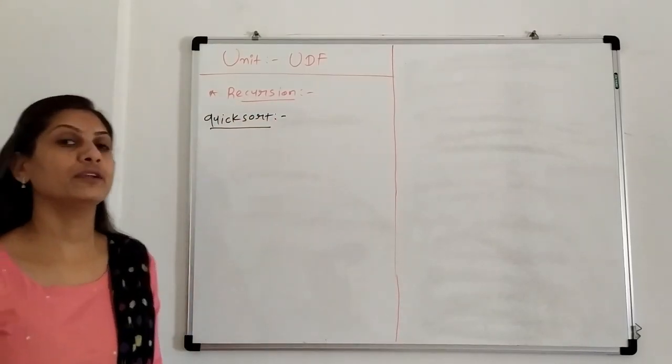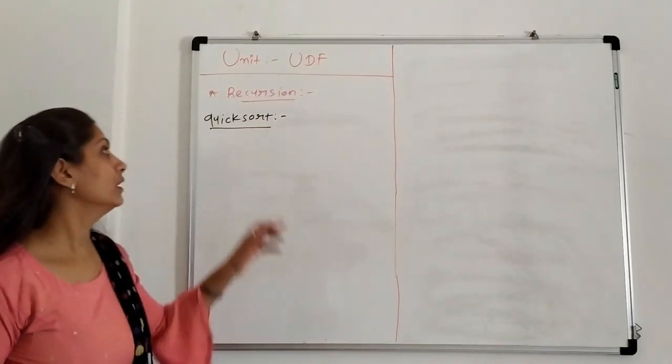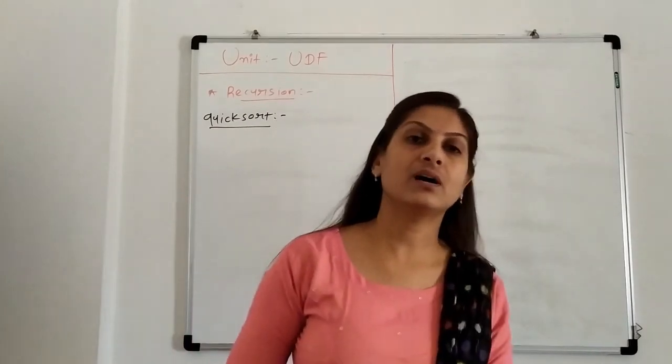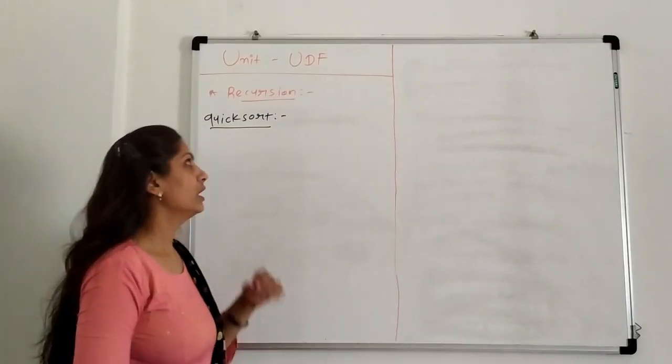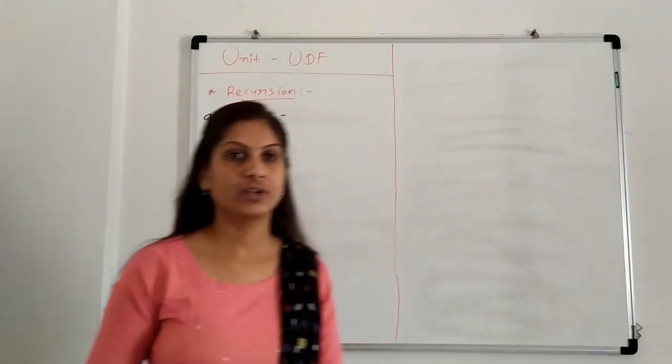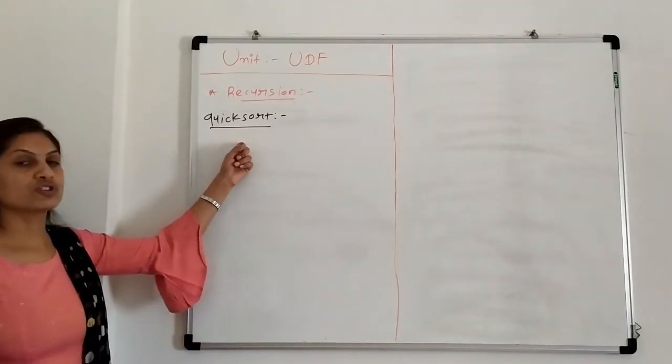There are so many different sorting methods available. The first one is quicksort, and in the next session we discuss another method, that is merge sort. We already did one sorting method in the array chapter, that is bubble sort. Clear? So let us start with the quicksort method.